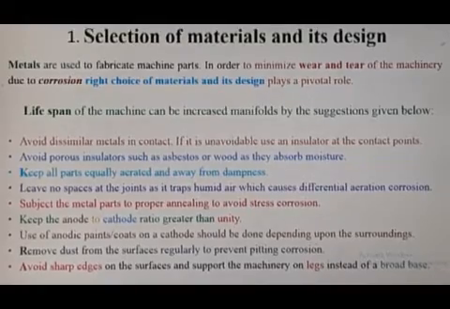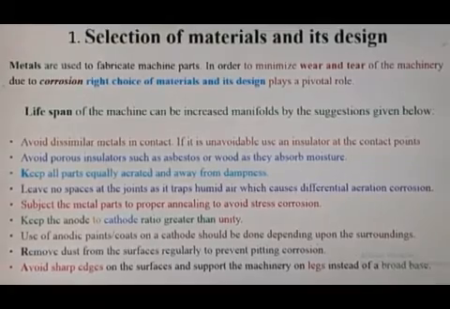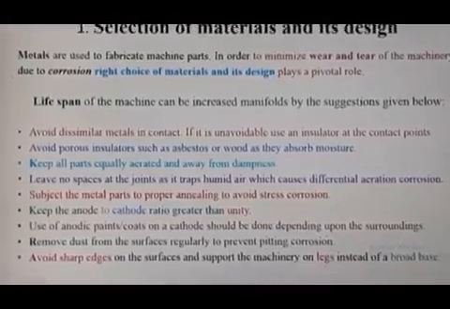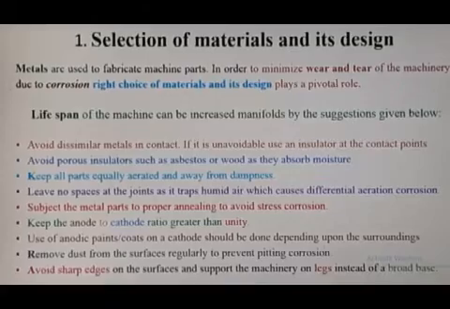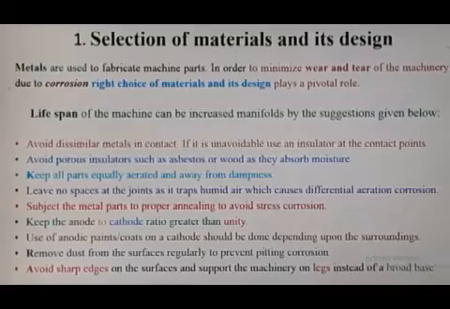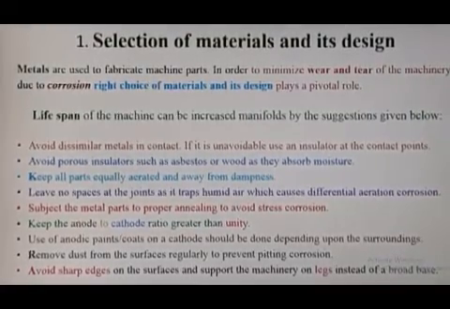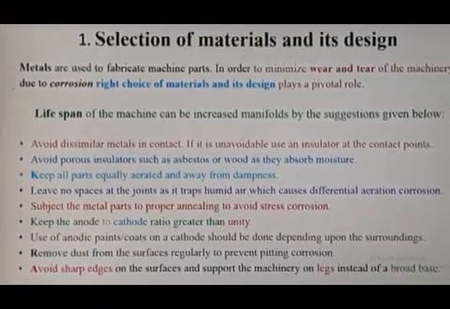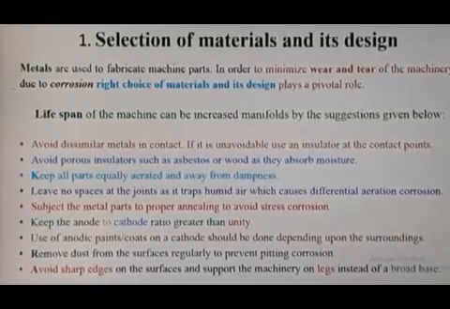The first thing is we should avoid the use of dissimilar metals in contact in the machinery, because it will lead to differential metal corrosion. Because if the metals are dissimilar, the one with the low reduction potential becomes the anode and starts suffering corrosion. But if it is unavoidable, then insulators can be used.